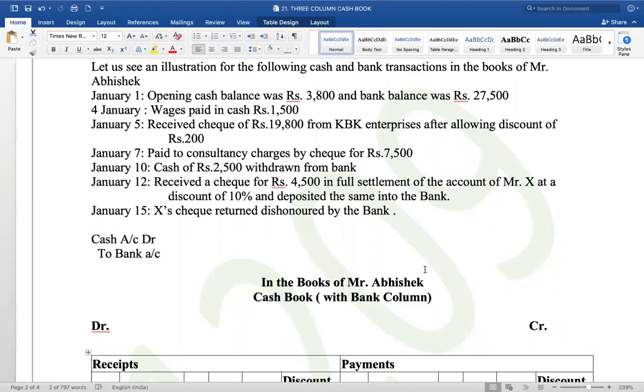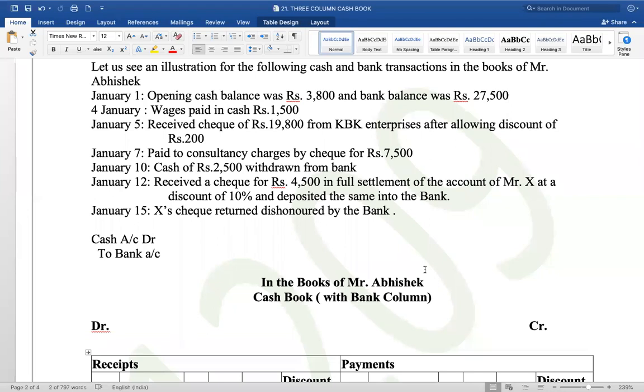Cash discount. Boys and girls, you have to be very careful in remembering these points. This is not a general subject where you can just write on your own. Everything you have to remember in detail. Every bit I'm stressing, you should remember in detail. Otherwise, it will confuse you.